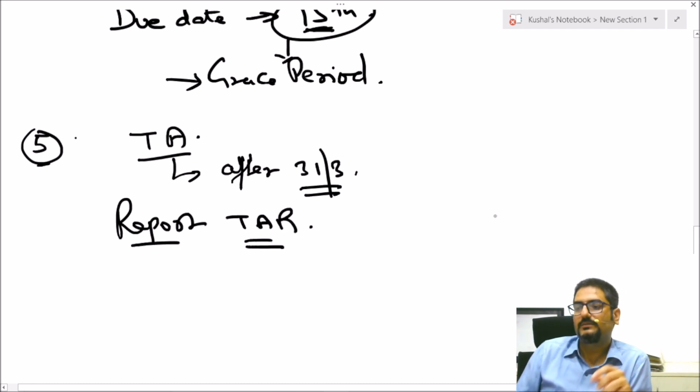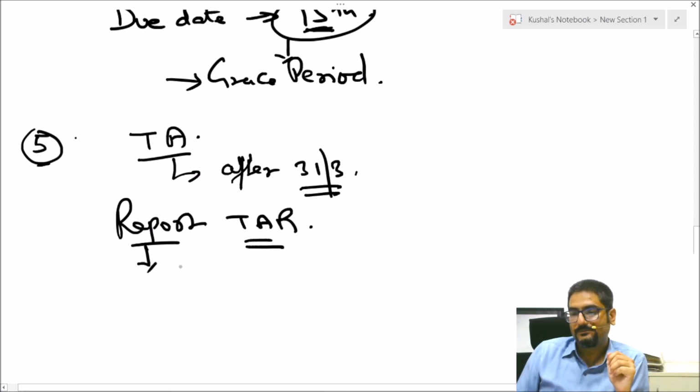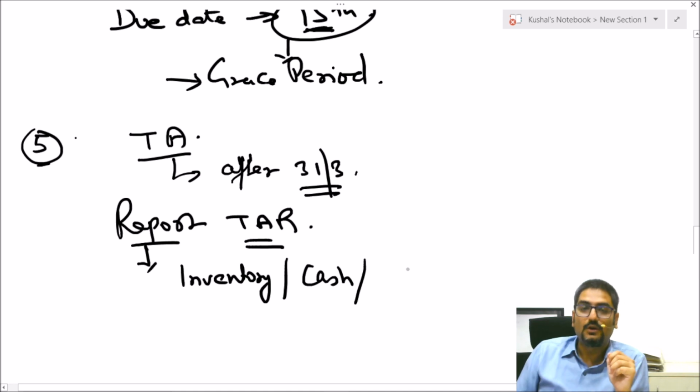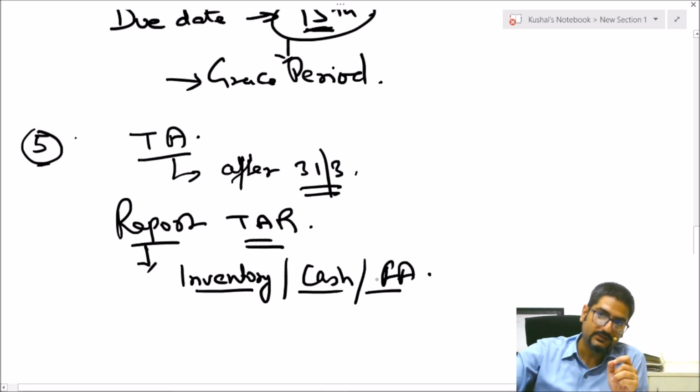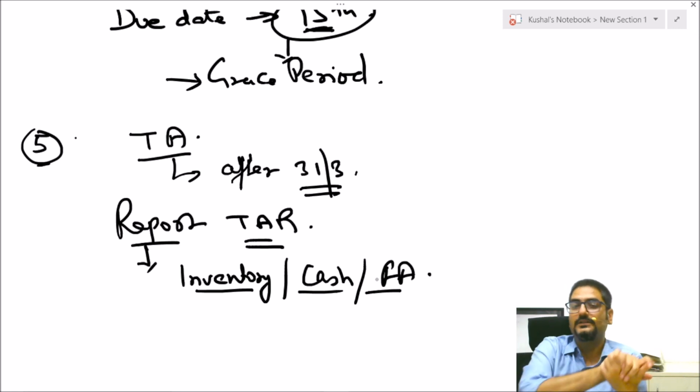You fail to physically verify inventory, cash, or fixed assets because your appointment as a tax auditor was made after 31st of March.